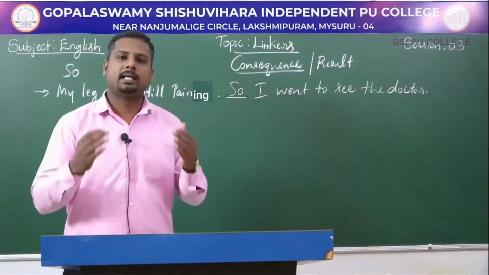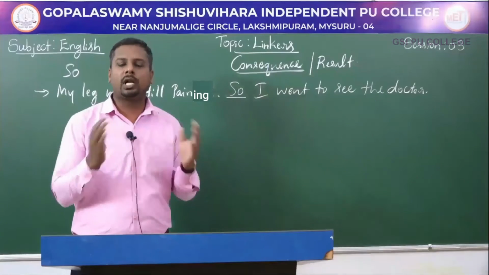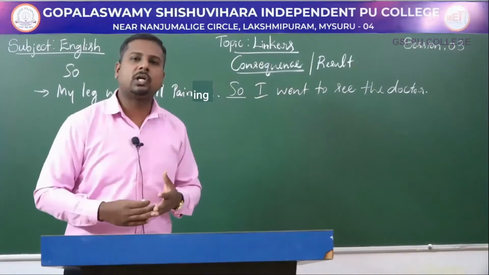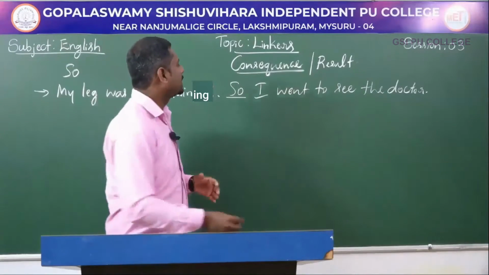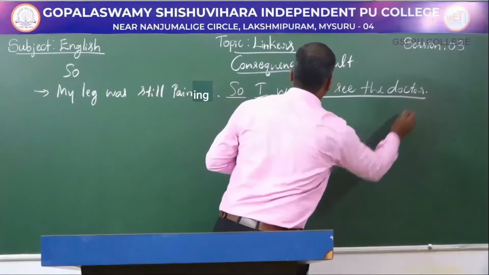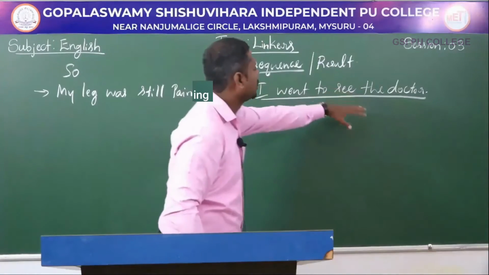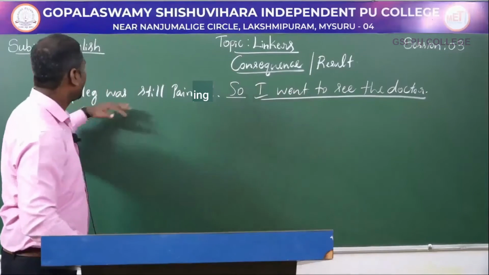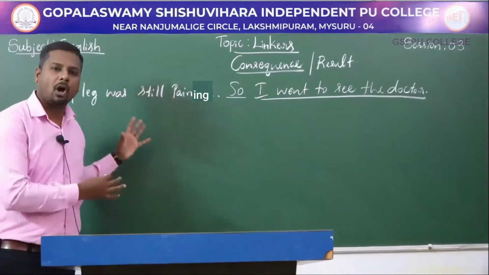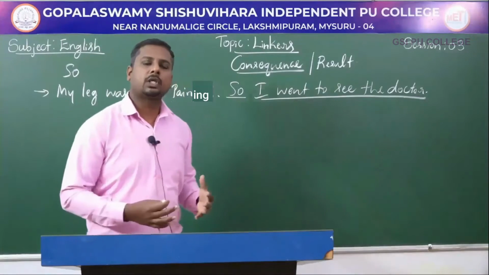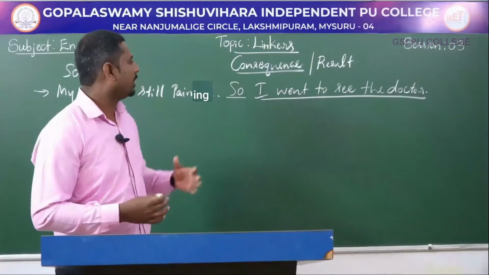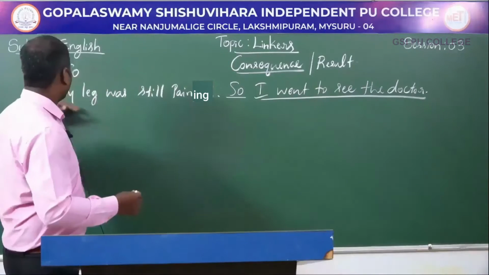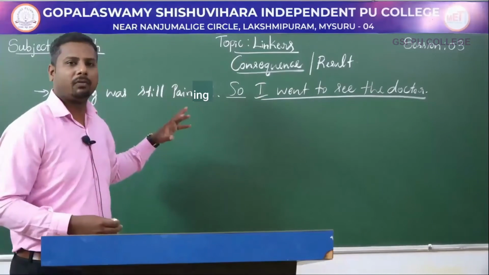Here in this sentence, the word so is not only expressing two different ideas, but it also shows the result. I went to see the doctor is the consequence and my leg was still paining is the cause. The consequence shows why she went to the doctor. The answer is her leg was still paining.